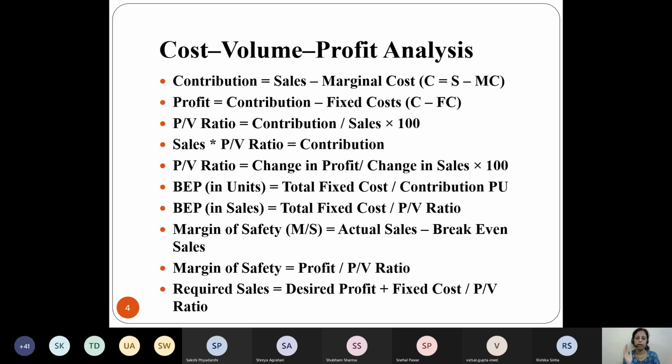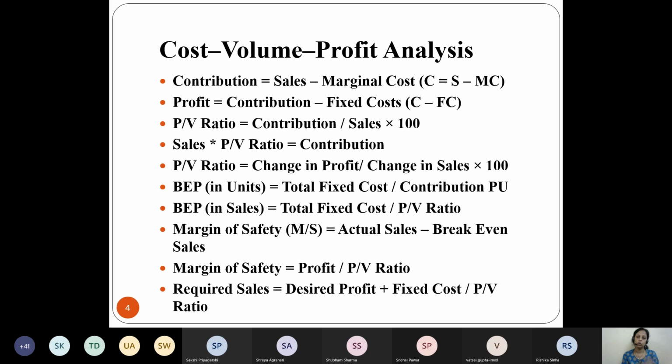Sales minus marginal cost. Now understand, it depends upon the information given in the question. If the selling price per unit and marginal cost per unit are given, then you will use that information. Selling price minus marginal cost per unit is contribution per unit.